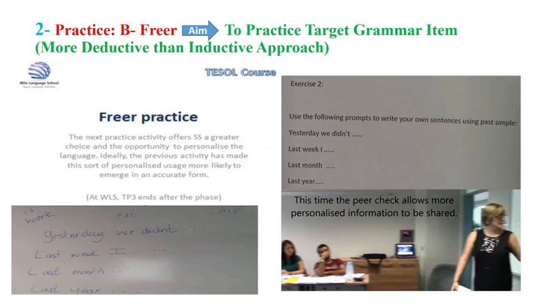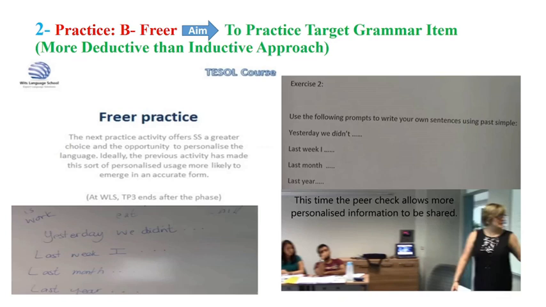The last stage of our model is production, when we can practice the target grammar item, and here the approach is more inductive, and there is more freedom. Using the Picasso theme once more, Diane asks the students to enter into an imaginative role.